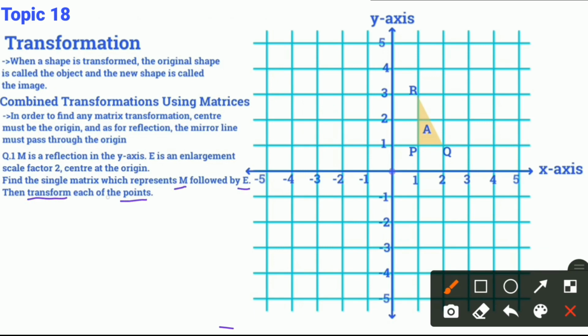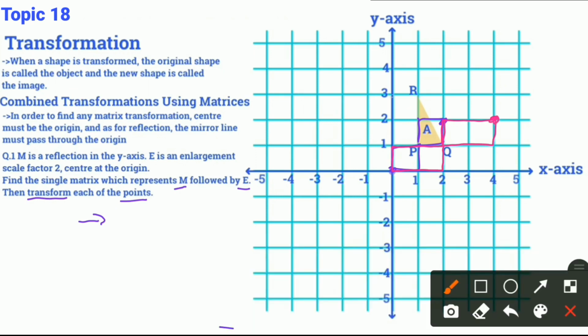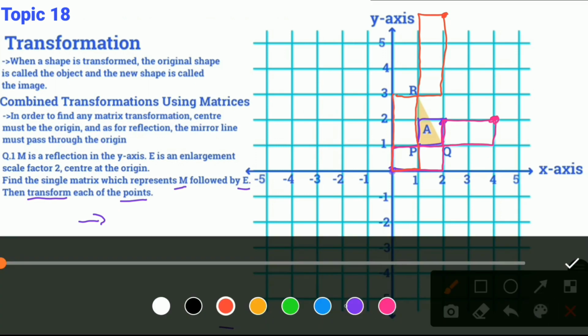Then transform each of the points. We can do this in two ways. The first way is doing this graphically. First of all, doing an enlargement with the scale factor 2 center at the origin. Okay, so we have these 3 points.